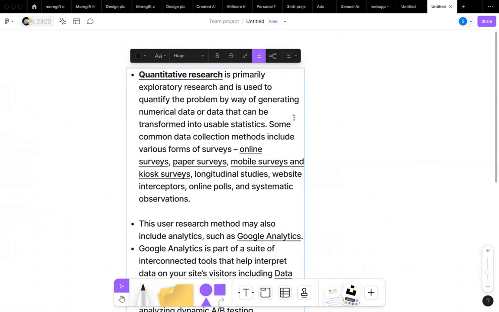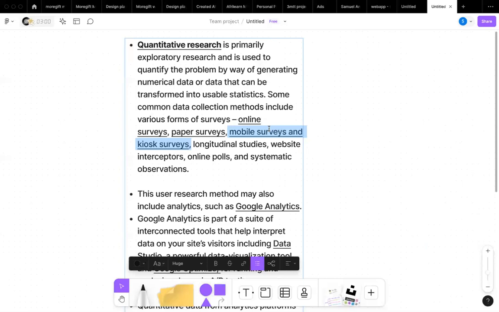For example, if you are carrying out an online survey, it will tell you how many people said yes to this question, how many said no to that question, how many people that said yes were women, how many were men, how many were probably 35 to 36 years old, how many were kids, how many were in school, how many are black and how many are white. So it just gives you numbers, so you can quickly know this particular amount of the problem is coming, and this particular amount of people like this kind of thing. It allows you to generate numerical data.